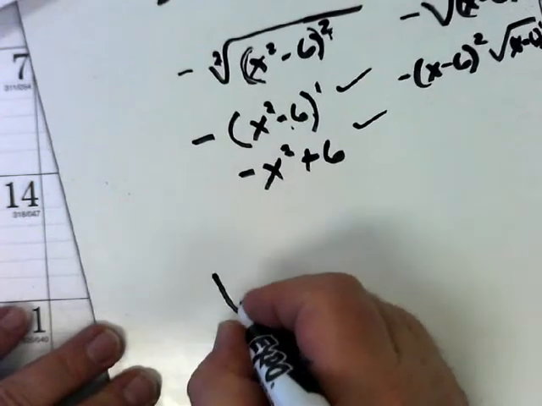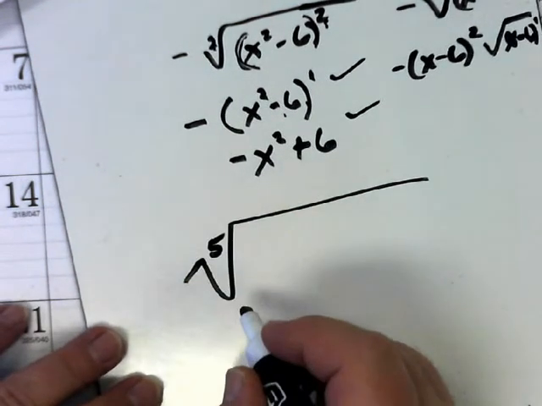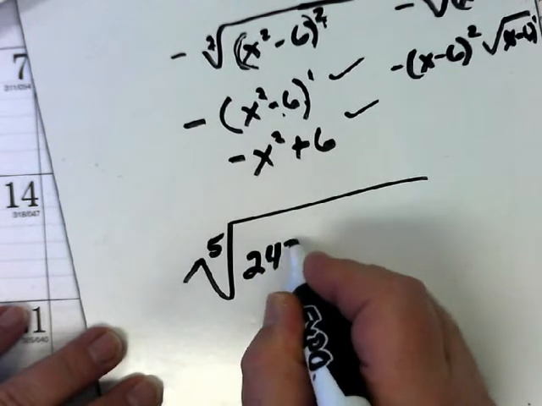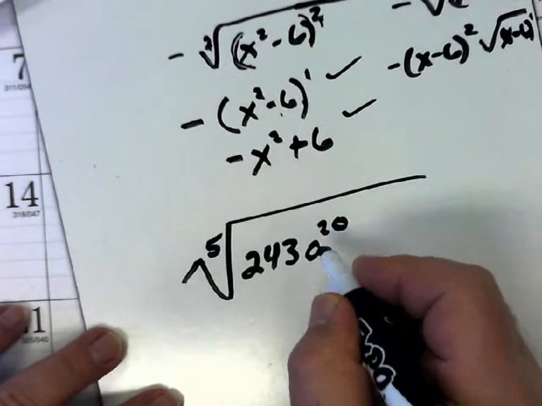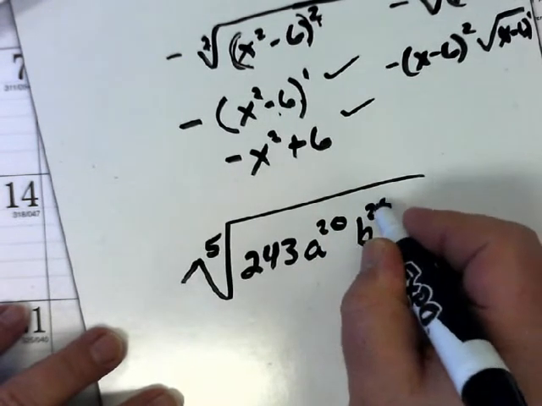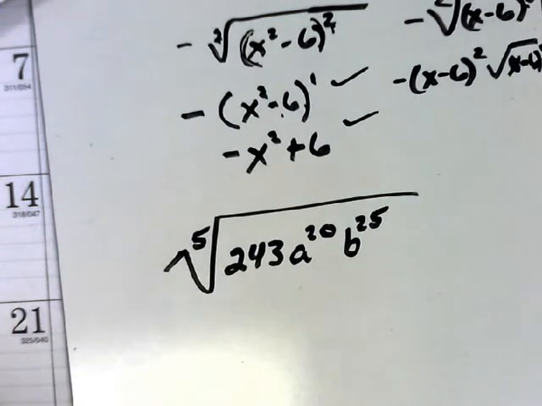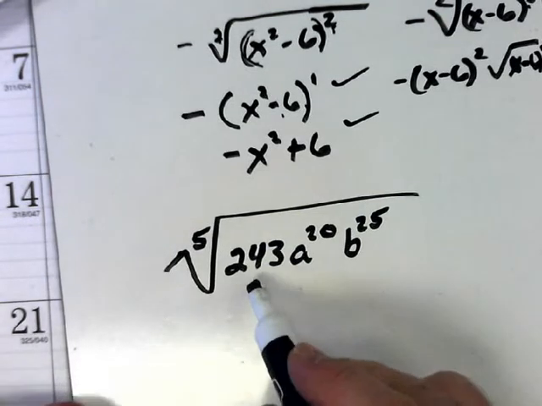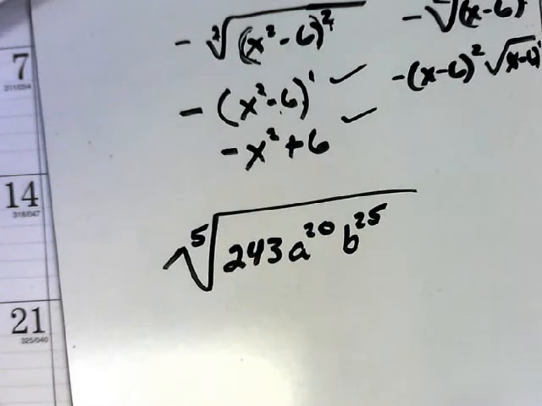So what happens if I have this? We may have a problem. Well, the first thing that I would look at is is there any number that I can multiply together to get me to 243? And you probably don't know what it is off the top of your head, but take 3 times 3, and what do I get?